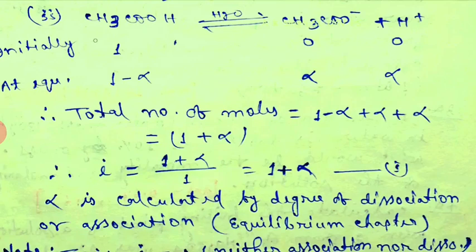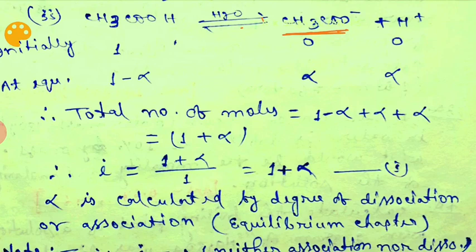Another example is CH3COOH, acetic acid. If it is added in water, then what happens? It also dissociates as CH3COO minus and H plus, but it dissociates partially, not completely, and hence it is indicated by half arrow in both directions.